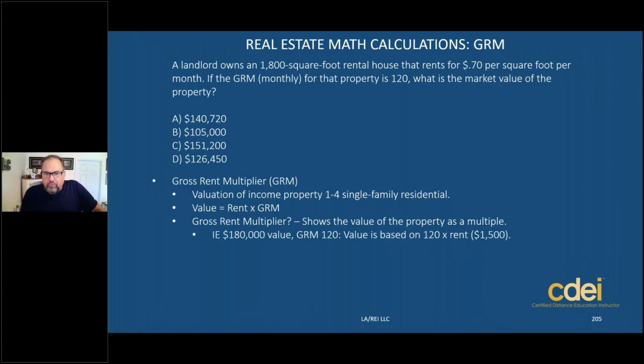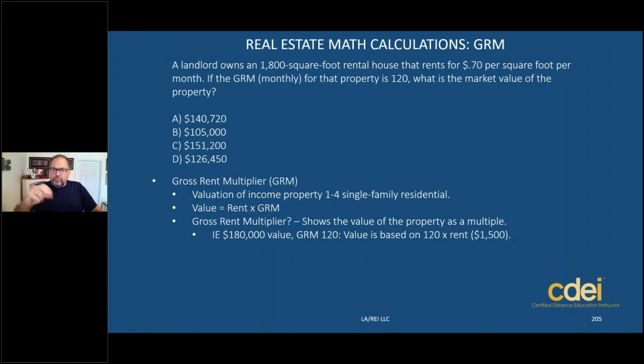So for example, if the property is valued at $180,000 and the GRM is 120, that's the constant, okay? Now, what does that say? It means that the valuation of 180,000, and if I work this out, I'll see that my rent's $1,500 a month, but what it's saying is the value of 180,000 is 120 times the rent, okay?